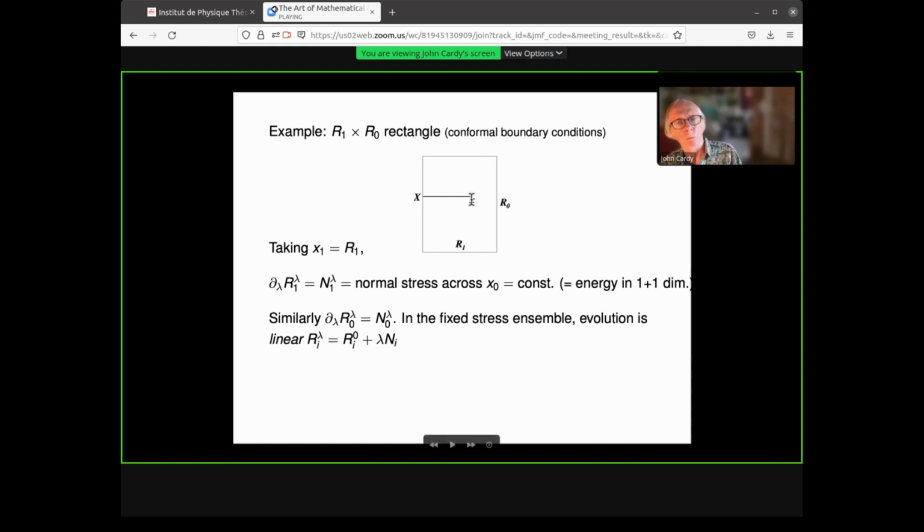But if we take small x all the way across to the other boundary, we see that the change in the R1 coordinates is going to be proportional to the normal stress across a space-like line here, which is the energy. So the system stretches in space proportional to the energy.